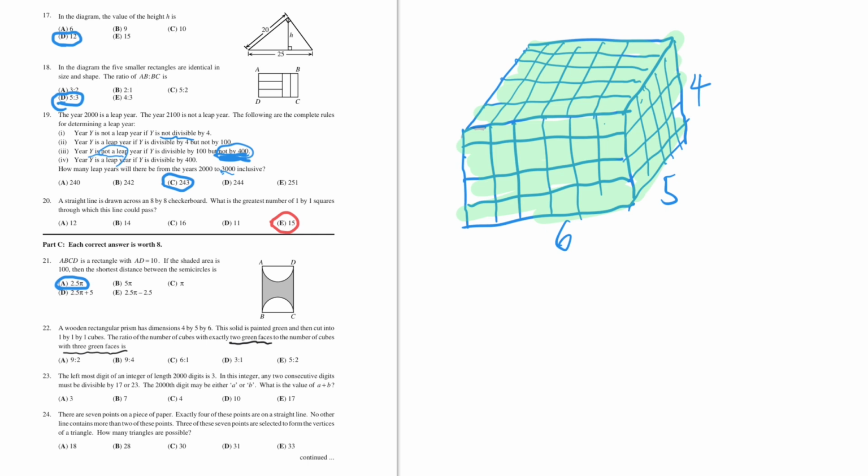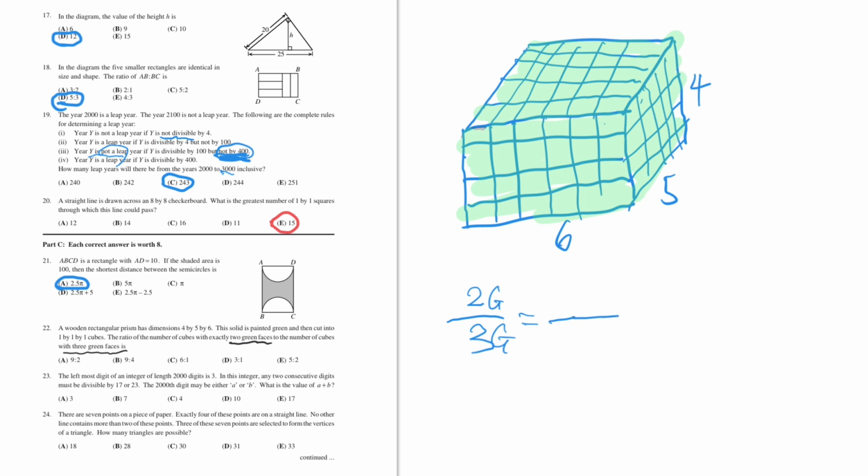Now this is the 4 by 5 by 6 rectangular prism painted green, and then cut into 1 by 1 by 1 small cubes. The question asks the ratio of cubes with exactly 2 green faces to cubes with 3 green faces.